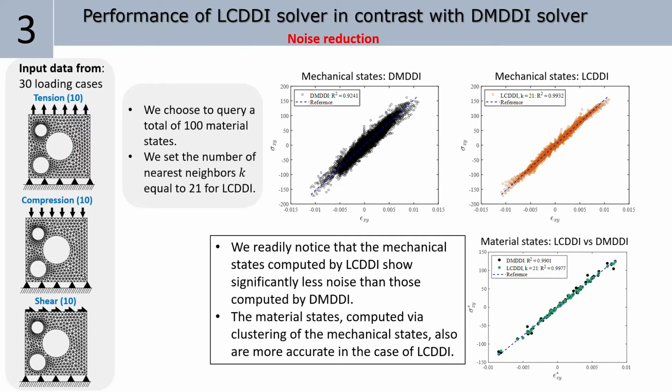And if we look at the material states as well, below, we've plotted the material states computed by DMDDI in black and the ones computed by LCDDI in green. And we can see that the material states computed by LCDDI are much closer to our reference line.